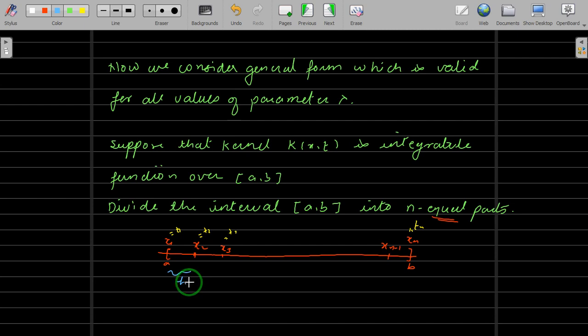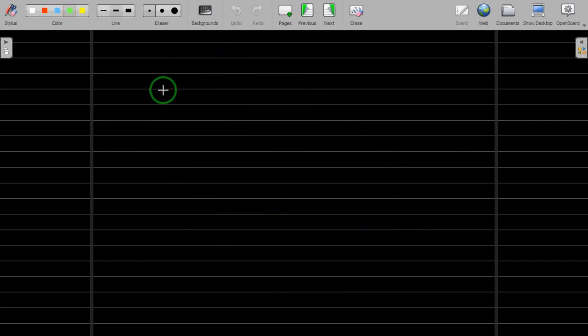And then if you want to find what h is, the total distance is b minus a, and you are dividing this interval into n equal parts. So I can write h is equal to (b minus a) divided by n. So x1 is equal to t1, and that is the same as a.